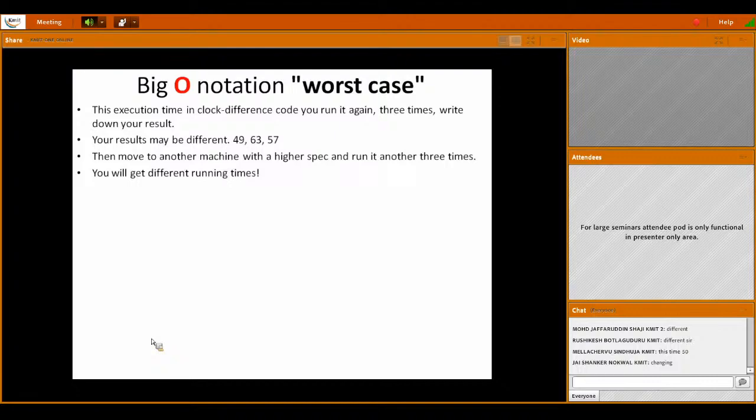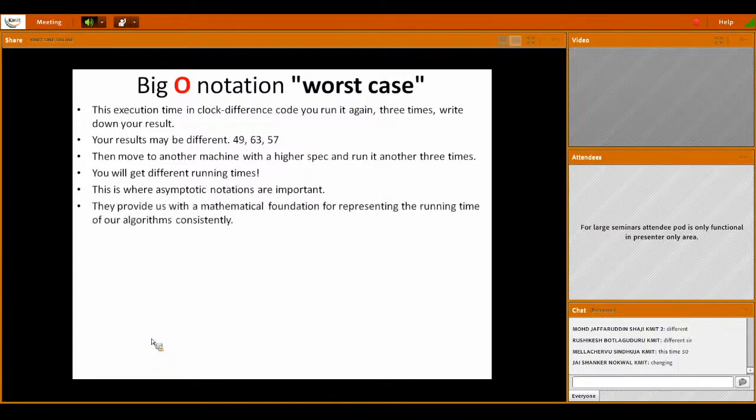So every time you run, you may get the same execution time, or maybe less or more execution time. Since this is the fact, we have to consider the worst case. That's the reason why we have to consider the worst case. So that is where big O notation comes into play, right?